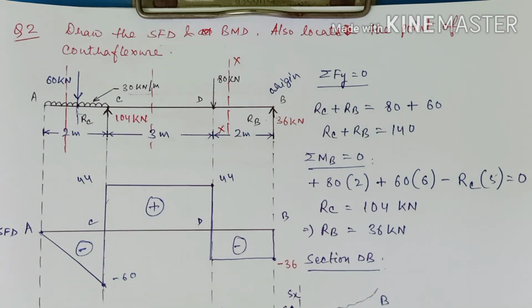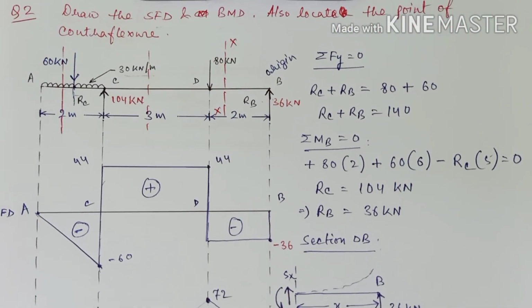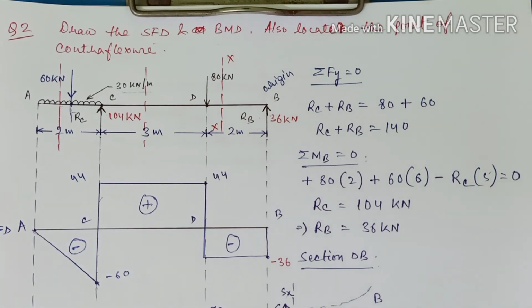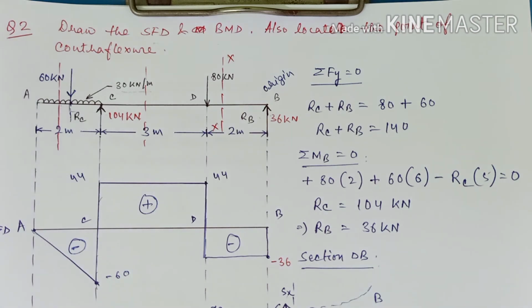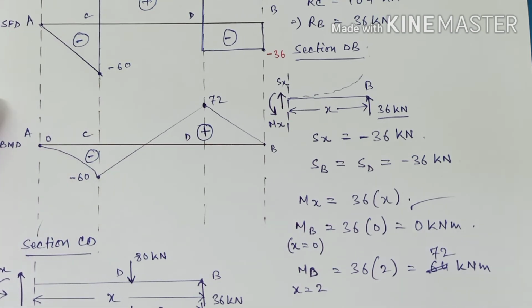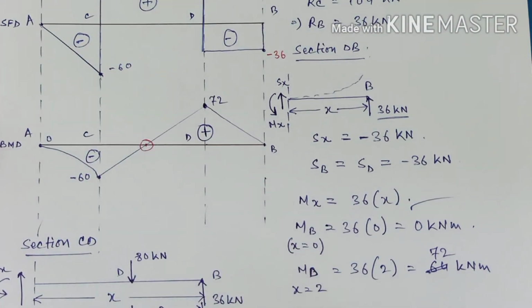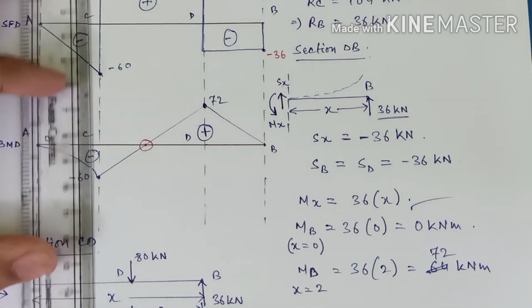Now we have to locate the point of contraflexure. I have already told you in the beginning of the video that a point of contraflexure is that point on the beam where the value of bending moment becomes 0. You can find this out from the bending moment diagram. If you carefully see, at this point the value of bending moment is becoming 0, right?